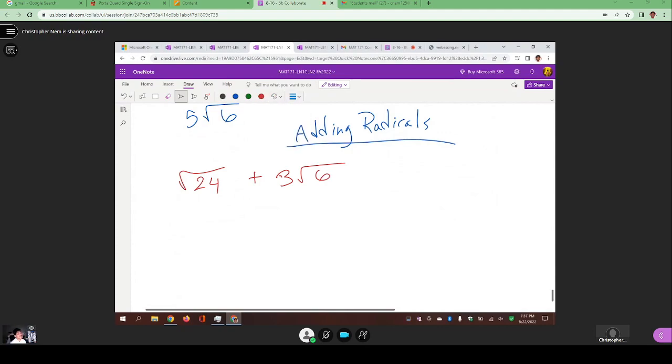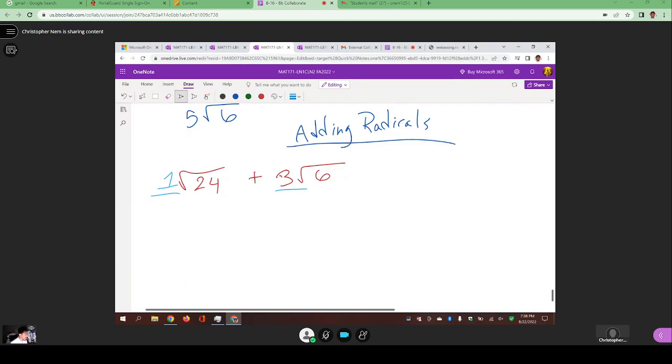Well, let's treat this like a polynomial. If this was a polynomial, to combine these, or to add them together, we need to have these terms as like terms. So when you have them as like terms, what are you going to do? You're going to add the coefficients. The coefficient of this one is 3. The coefficient of this one is 1. However, there's a problem.